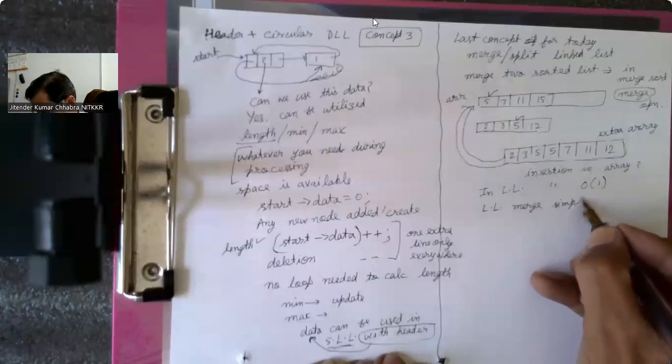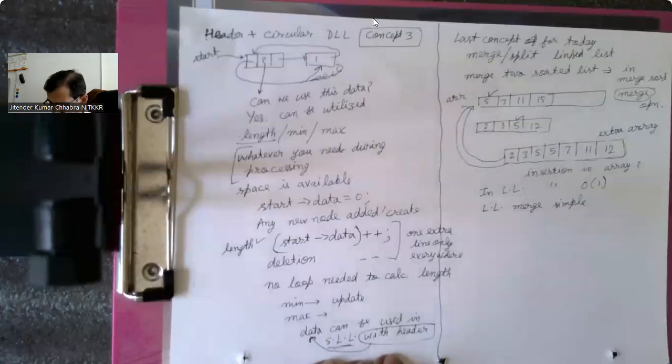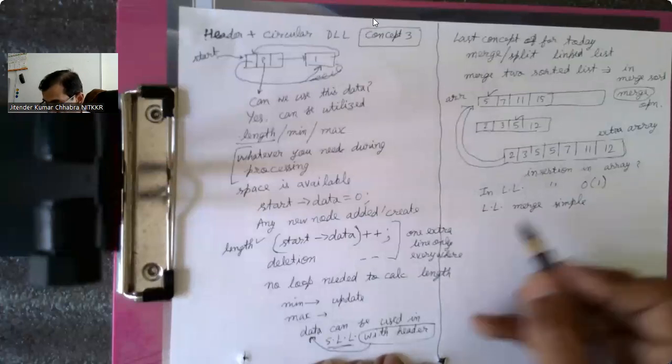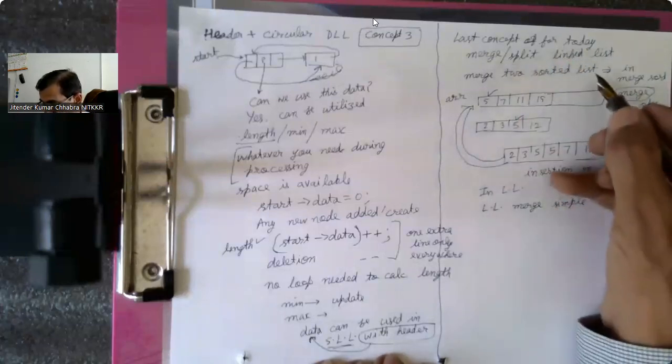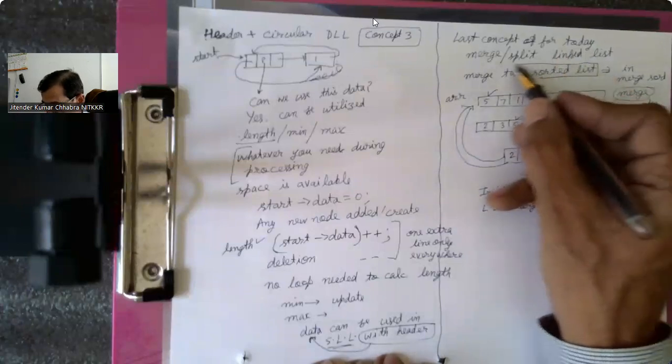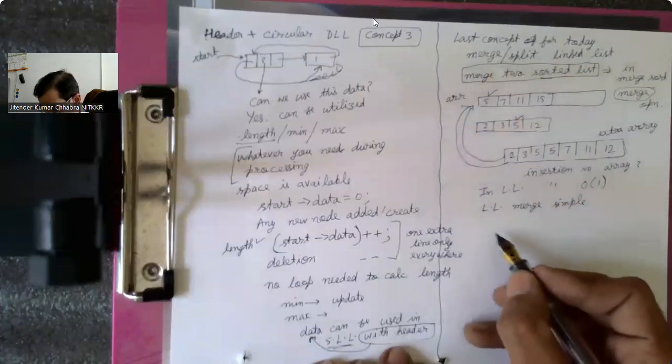If I say no extra list is to be created, though extra list creation is also possible, so merge 2 lists into 1, it means these lists themselves should be merged.